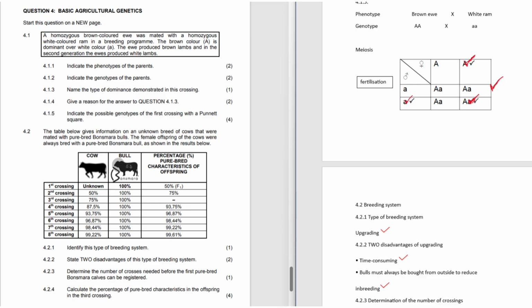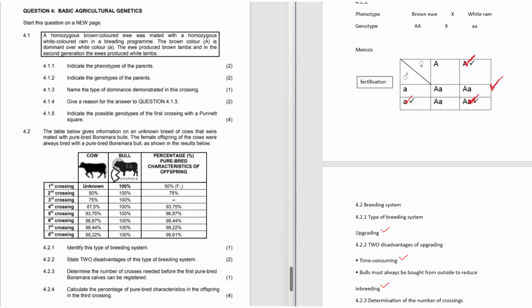Then another disadvantage is that it is expensive, as bulls have to be bought from outside to reduce inbreeding, because we have this herd of cows, and this herd of cows have inferior characteristics.